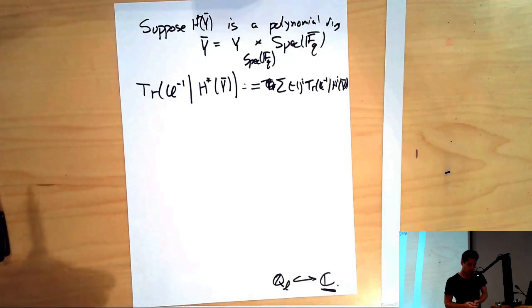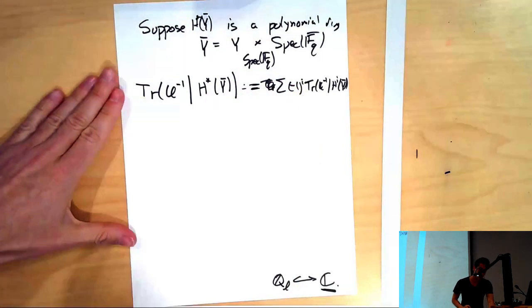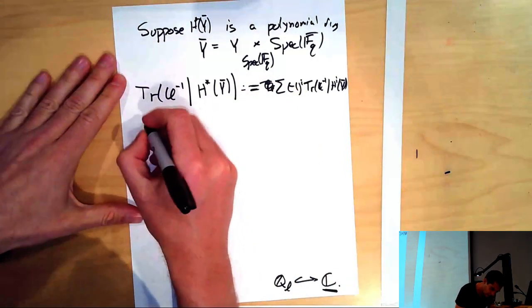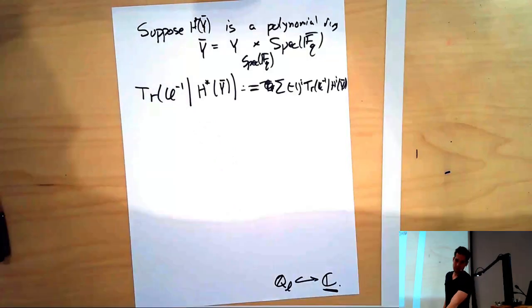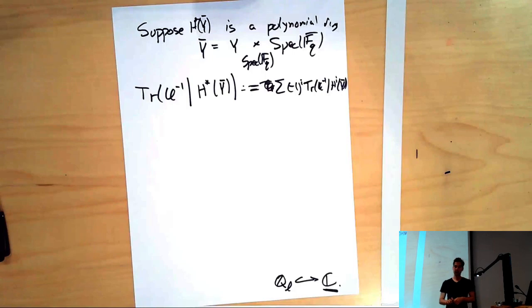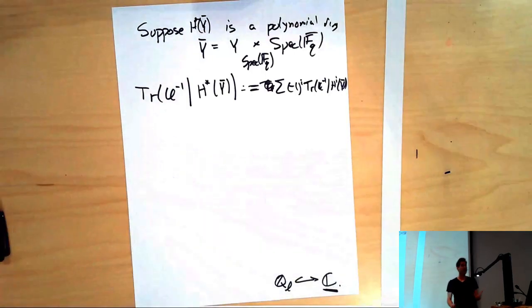Okay, so what can we do in this case? Well, now I'm in this situation where the cohomology of y is a polynomial ring on even generators, so this quotient I mod I squared is now a finite dimensional vector space over QL.